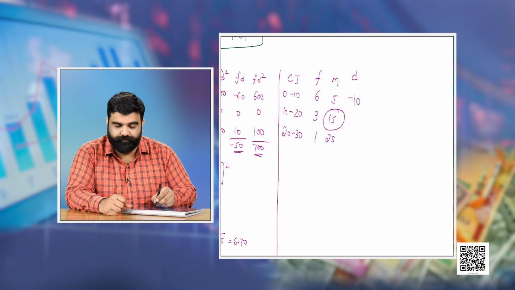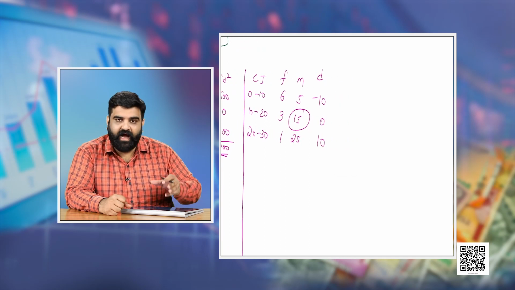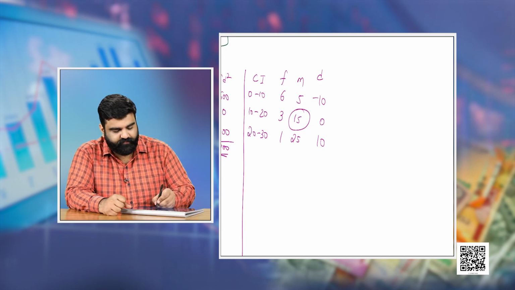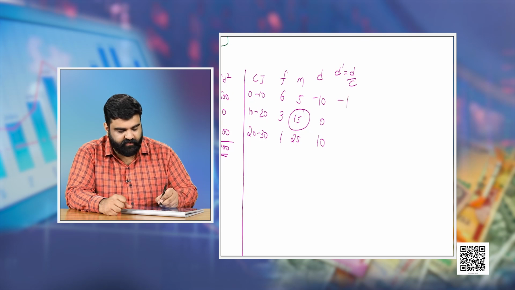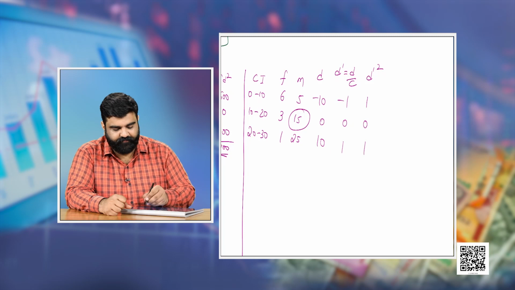So I have minus 10, 0 and finally 10. Now I can see that I can reduce this d by dividing all the values by 10. So let us find d dash, which is d by c. So I have minus 1, 0 and 1. Let me also calculate d dash square. So I have 1, 0 and 1.